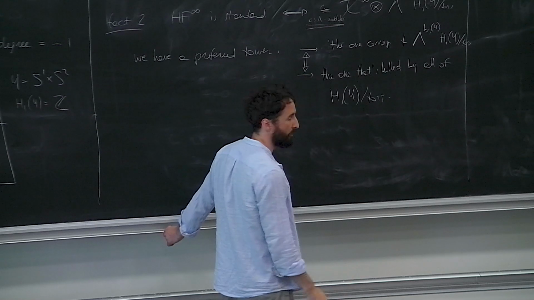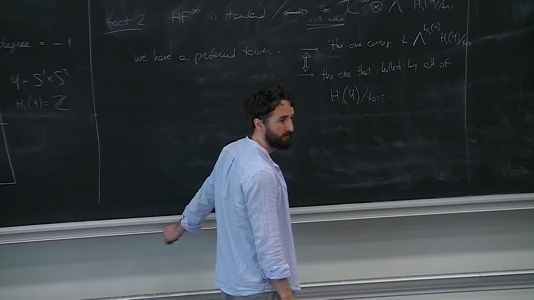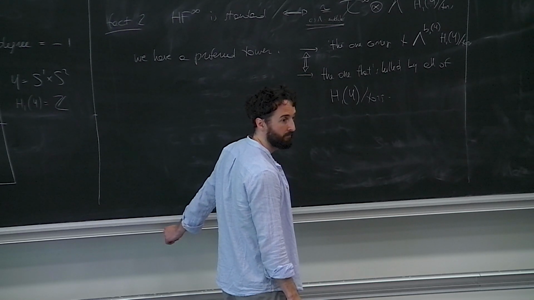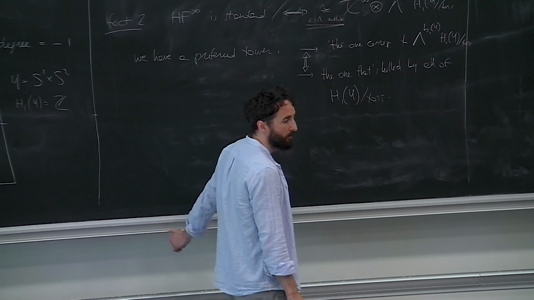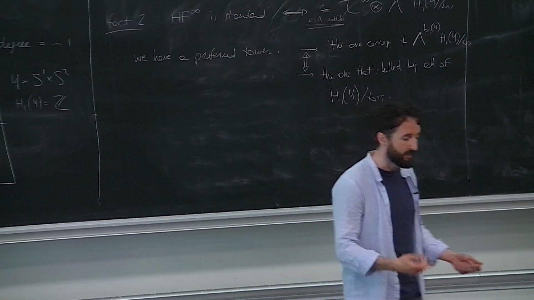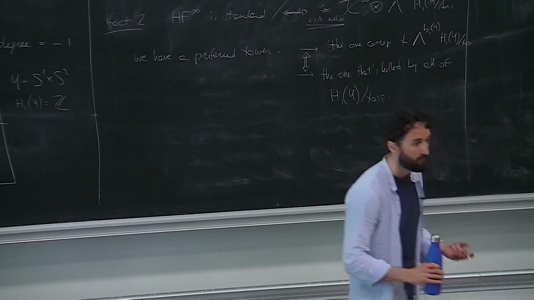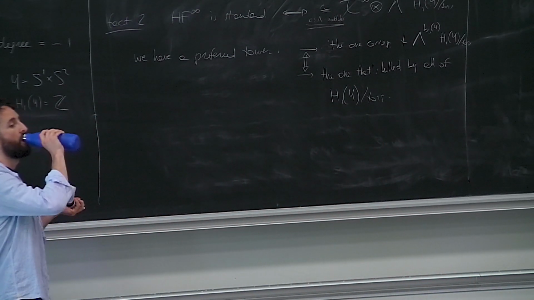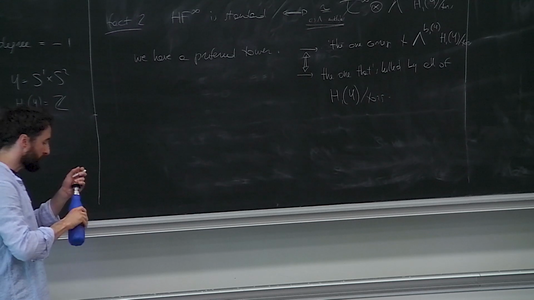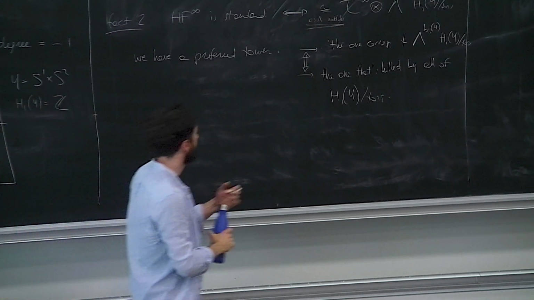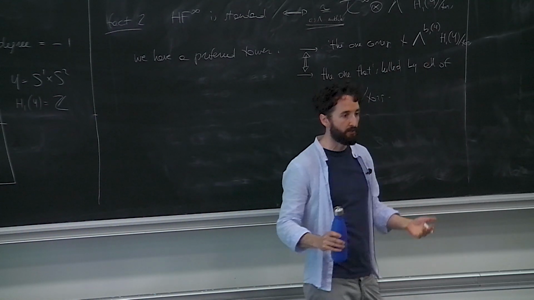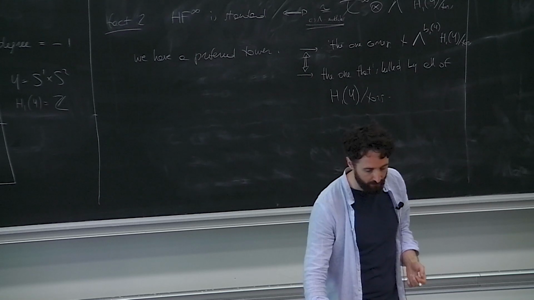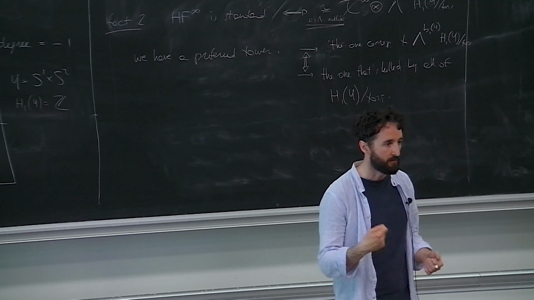I mean, if it's killed by all, it's also killed by 0. It's killed by all, including 0. And it's enough to test that it's killed by a basis. The top dimensional generator here is the one characterized by the property that if you wedge it with anything, it dies.